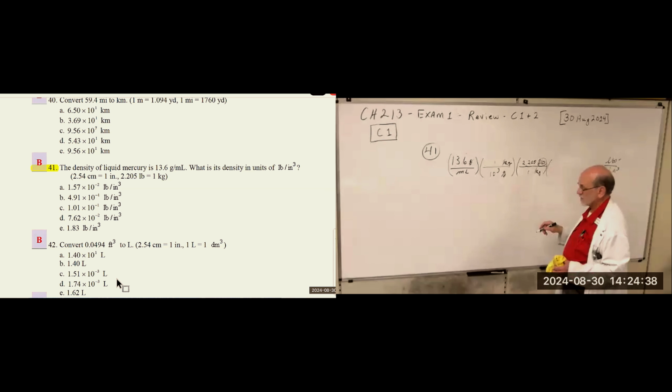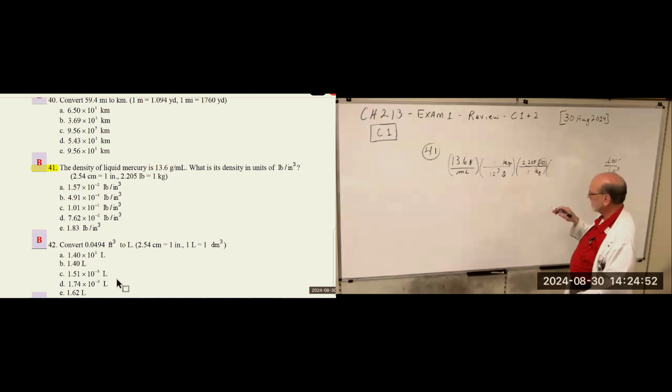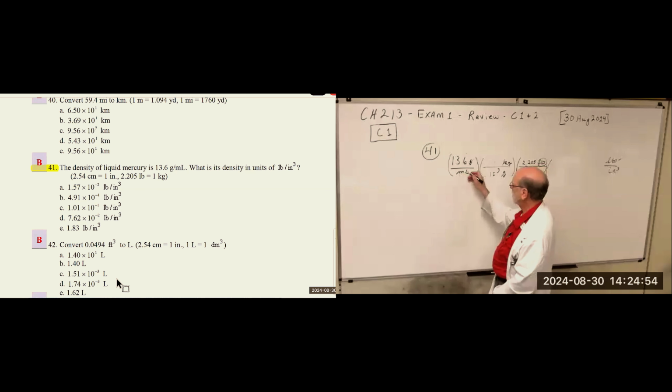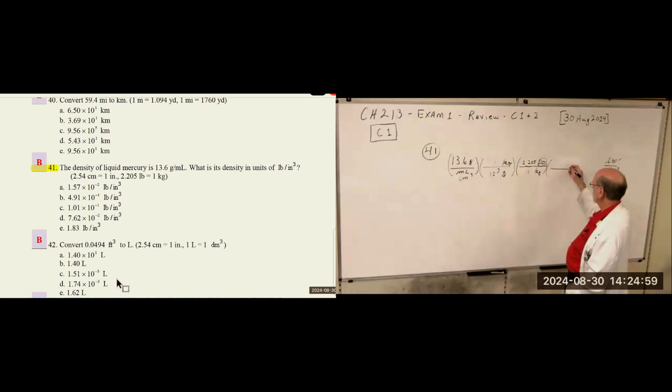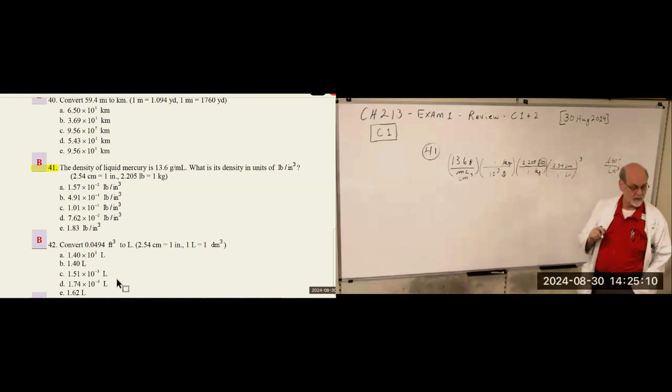And now we want to convert milliliters to cubic inches. So we know that a milliliter is a cubic centimeter. So we need how many centimeters in an inch? 2.54. And that one has to be cubed to give us a cube here to cancel out.